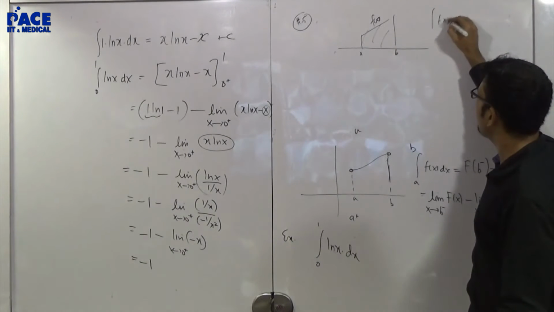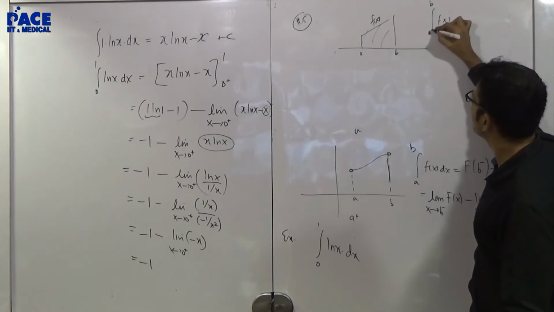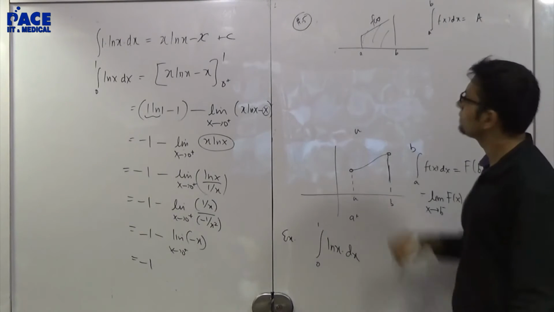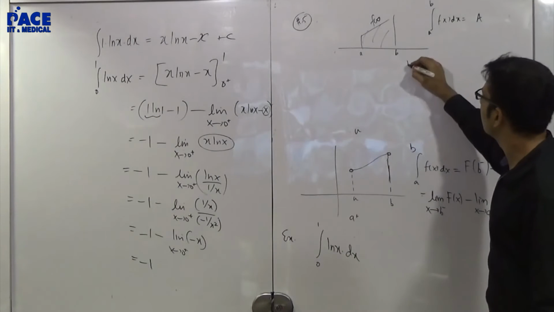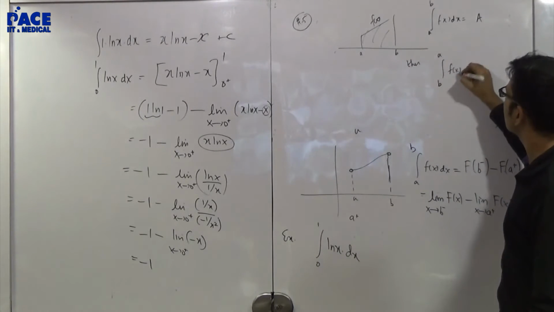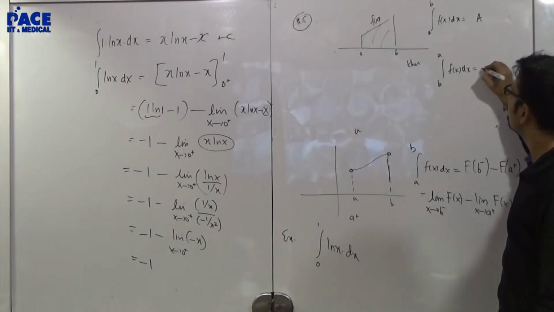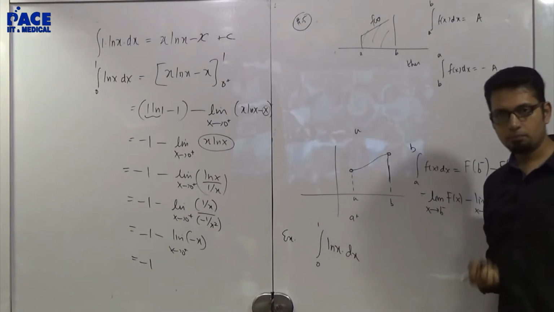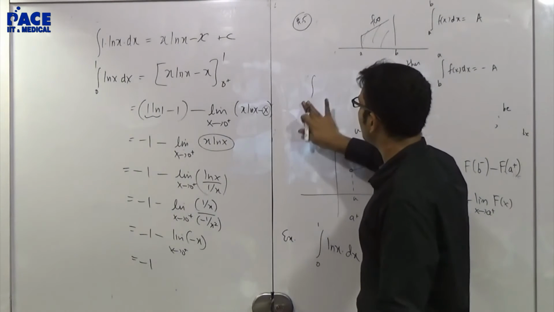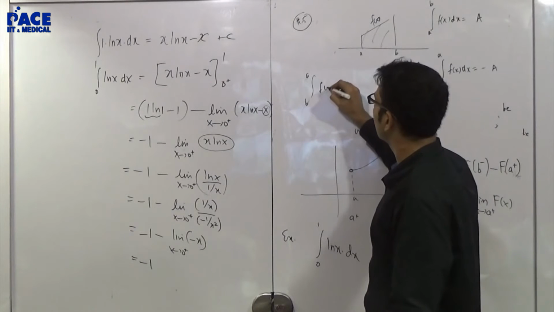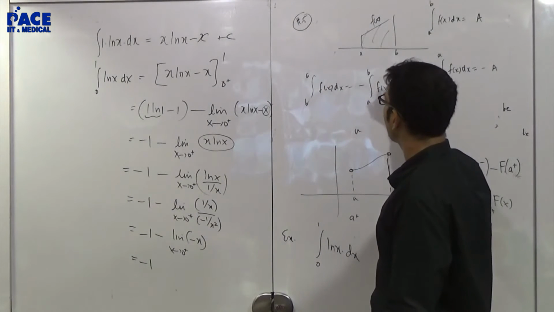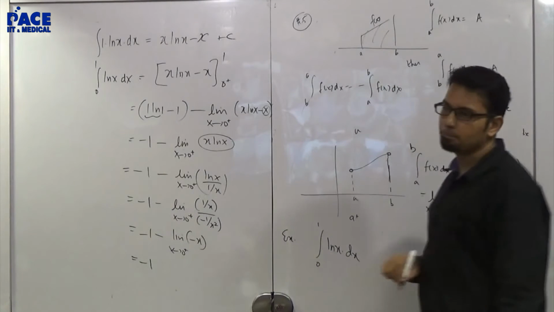Now integral f(x) a to b dx, suppose अगर area है A, then integral b to a f(x) dx is minus A, meaning integral b to a is the negative of integral a to b. You know why?